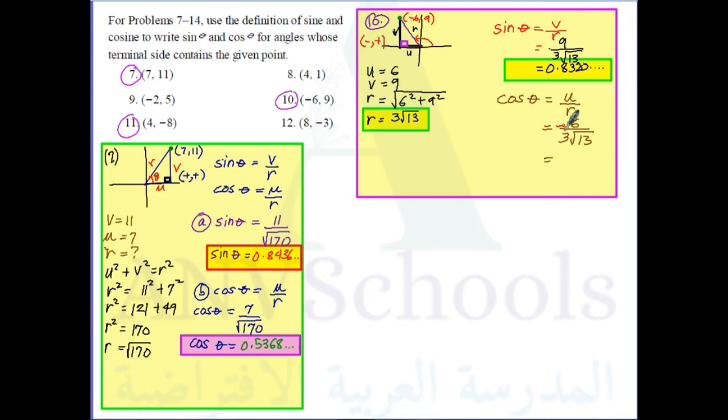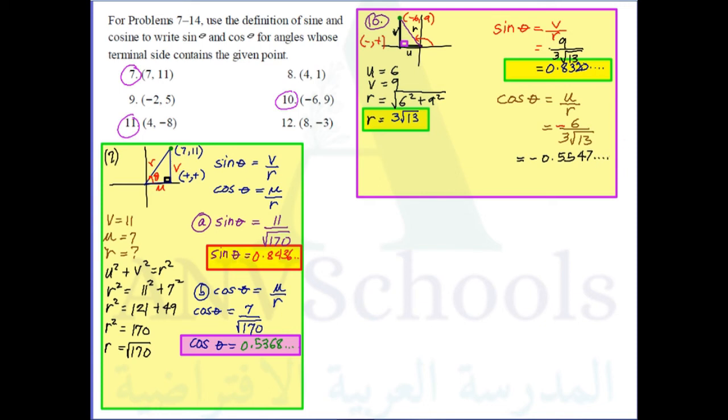So negative 6 divided by 3 square root of 13, that would be 2 square root of 13 over 13, or negative 0.5547.